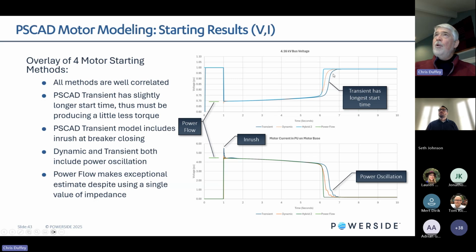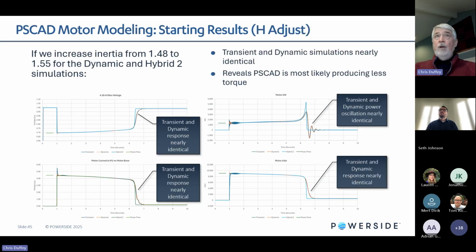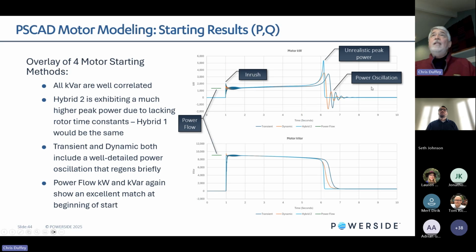A couple interesting things. The transient model has a longer start time. It simulates an additional inrush that we're going to see is due to DC offset. It also has a power oscillation, which is also included within the dynamic simulation. And we can see that here in the power. This is the kilowatts and the kVAR for that same motor start. We can see that there's a significant power swing and it actually goes negative.